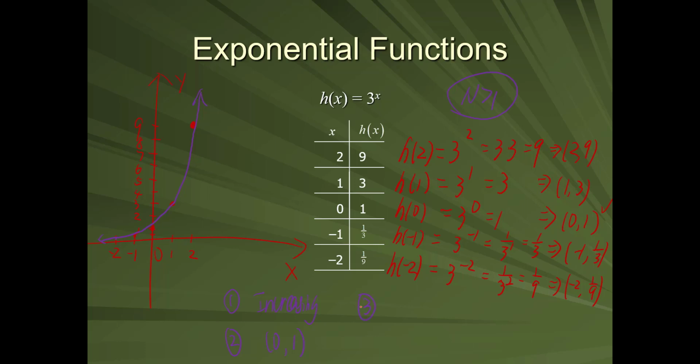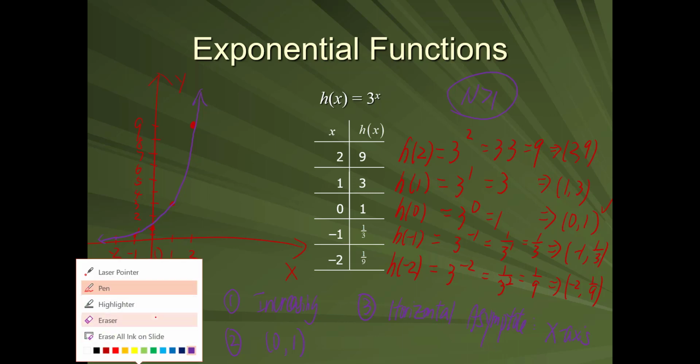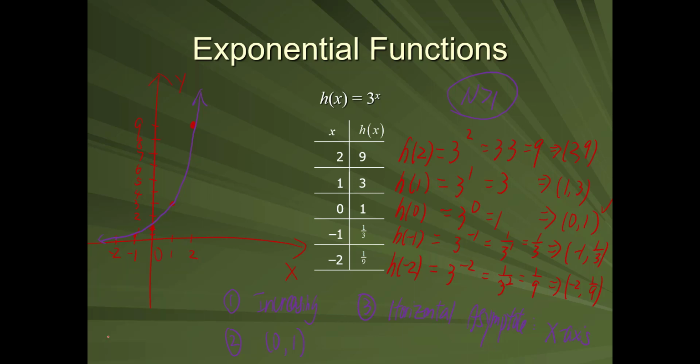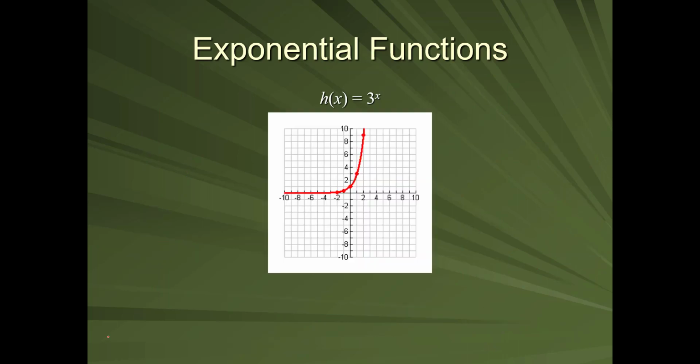The third one is that the x-axis is the horizontal asymptote. Same features as the previous one, because the base is greater than 1, so the graph looks similar. And this is a more sophisticated graph. Try to draw it yourself.